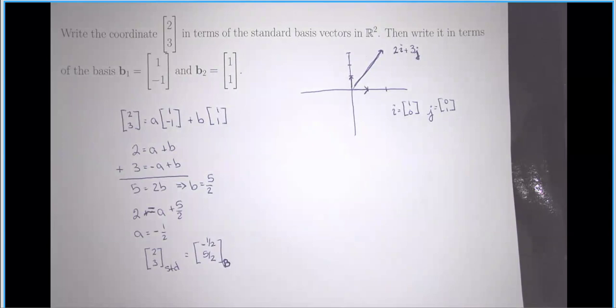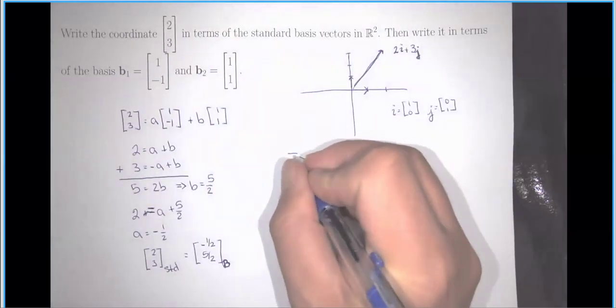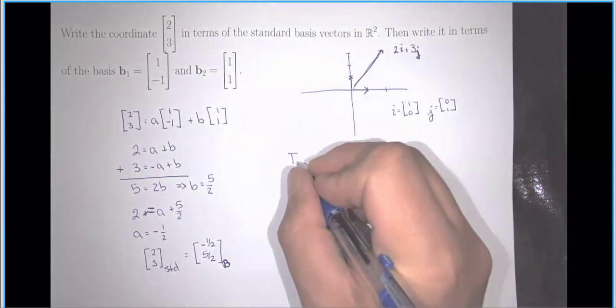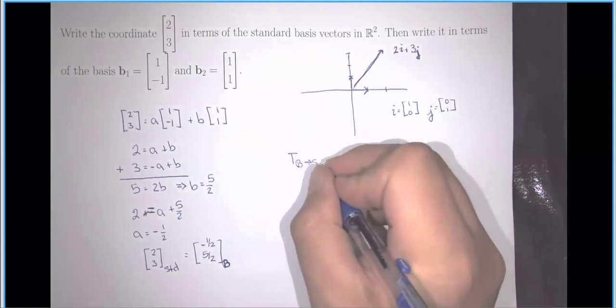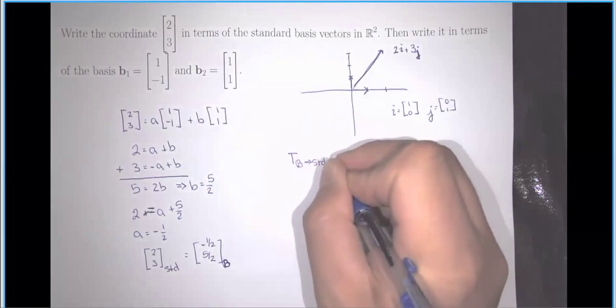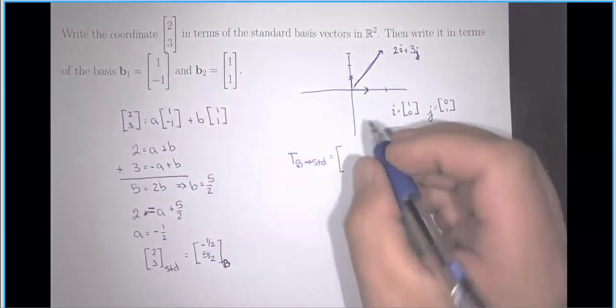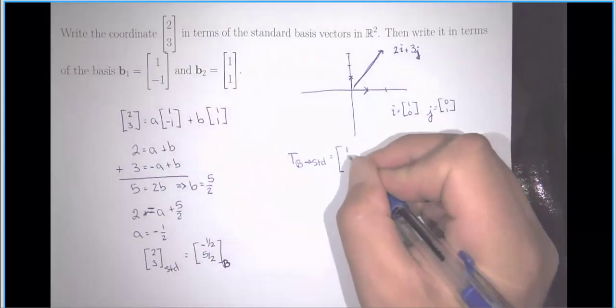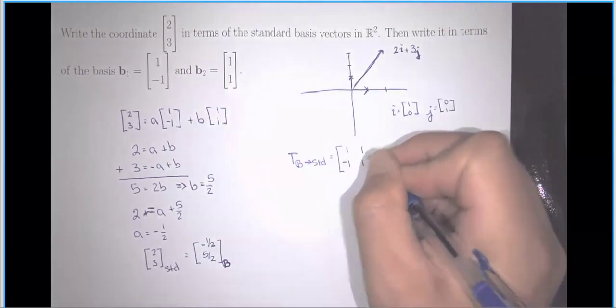Now, the alternative way to do this is to create the transformation matrix. The transformation matrix, T, that takes things from B and puts them into our standard basis, is given by the matrix with these as the columns. So 1, negative 1, and 1, 1.